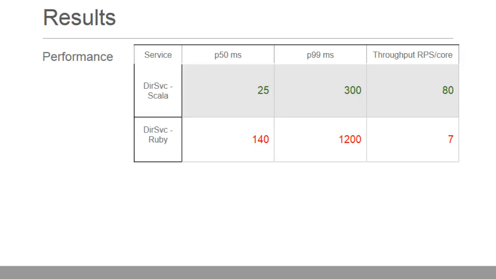These are numbers from the case study that John mentioned earlier at the beginning of our call. This is one of the services that we have, a directory service, and we have numbers for the two implementations, the Scala-based implementation and the Ruby-based implementation. I'm not going to read them to you, but you see there's a big difference between the two services.